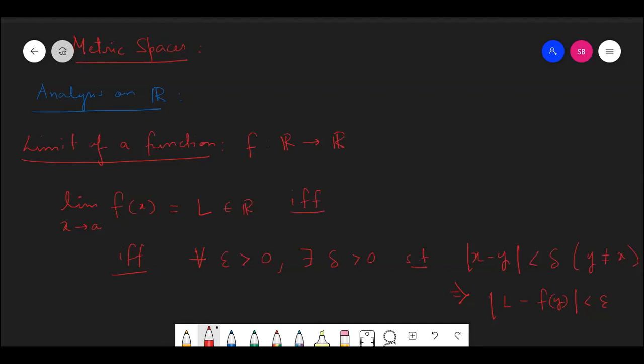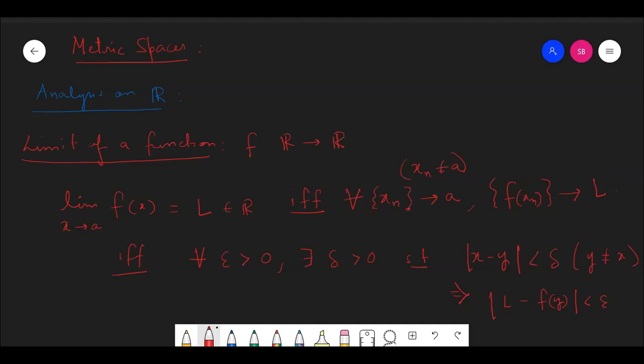I am not going to prove that these two definitions are equivalent, but this is just a review on what we know about R. So here we can also say, for all sequences xn converging to a, but xn not equal to a, we should have f of xn also a sequence converging to L. If this is the case for all sequences xn converging to a, we say that the limit of f(x) at the point a exists and this is equal to L. And if there is no such L for which this happens, then the limit doesn't exist.